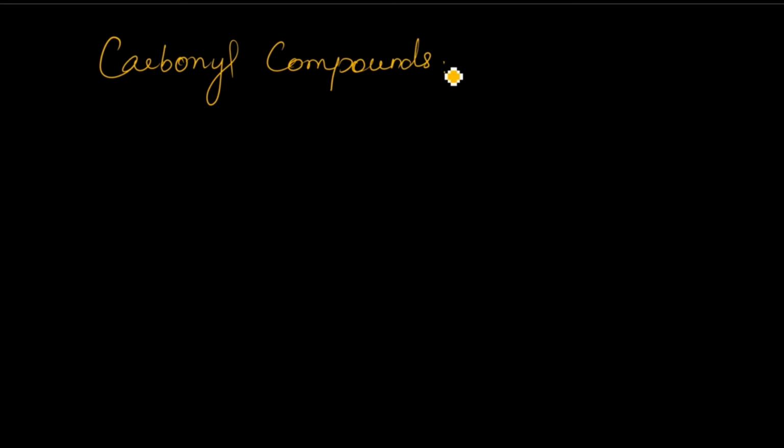In the carbonyl compounds chapter, we have different carbonyl compounds like aldehyde, ketone and carboxylic acids that we are going to see. First, aldehydes, as we all know, have the CHO functional group. Ketone is CO, RCOR.